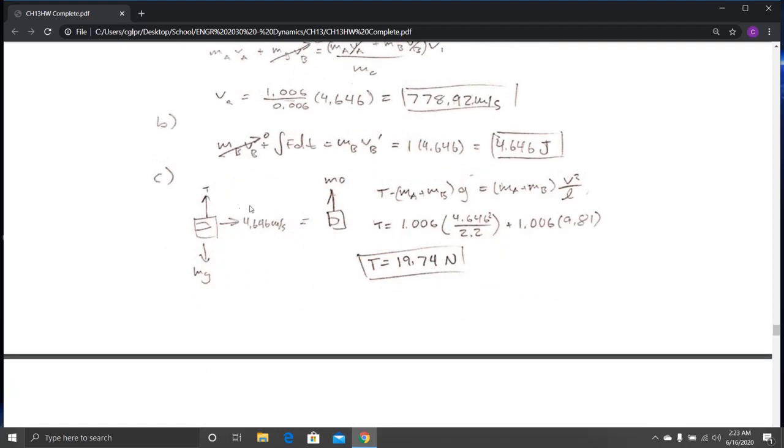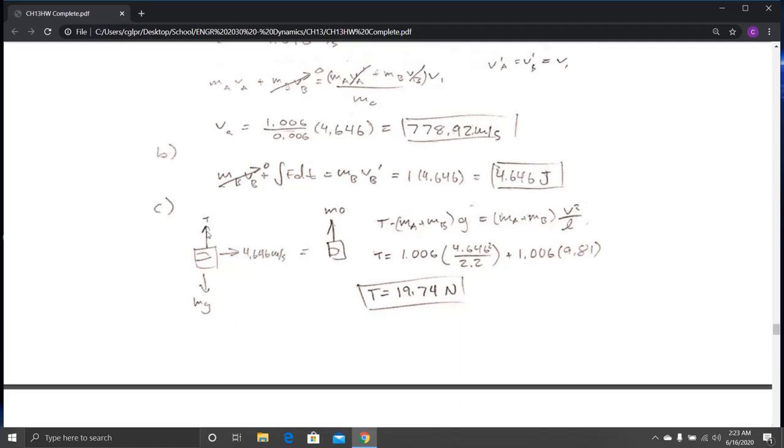For C, the normal force is going to be mass times the normal acceleration, and there is not going to be any tangential acceleration, tangential force at this time, since at this exact moment it's not accelerating.